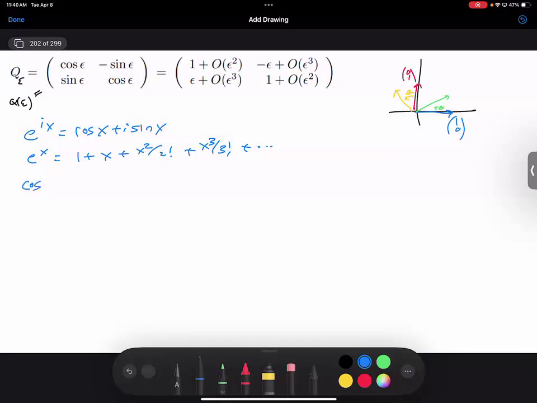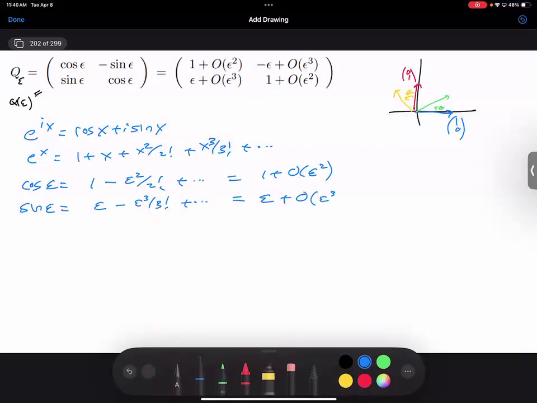So the cosine of epsilon is 1 minus epsilon squared over 2 factorial plus dot, dot, dot, so it's equal to 1 plus big O of epsilon squared. And sine of epsilon is epsilon minus epsilon cubed over 3 factorial plus dot, dot, dot, which is epsilon plus big O of epsilon cubed.